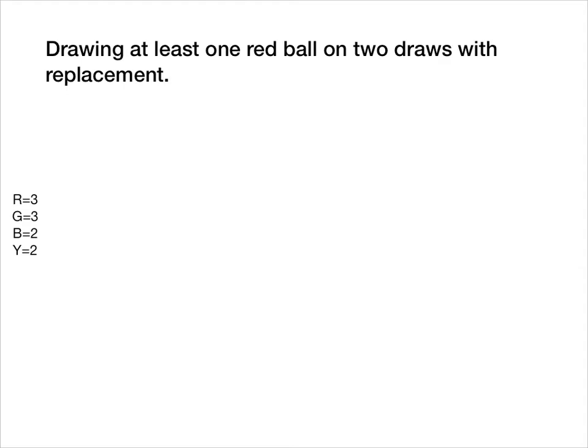Okay, drawing at least 1 red ball on 2 draws with replacement. So probably a couple of ways that we could do that. The probability of getting a red ball on the first one or a red ball on the second one equals, okay, are these compatible or incompatible? Well, we've got more than 1 red ball in there, so we could get a red ball both times.